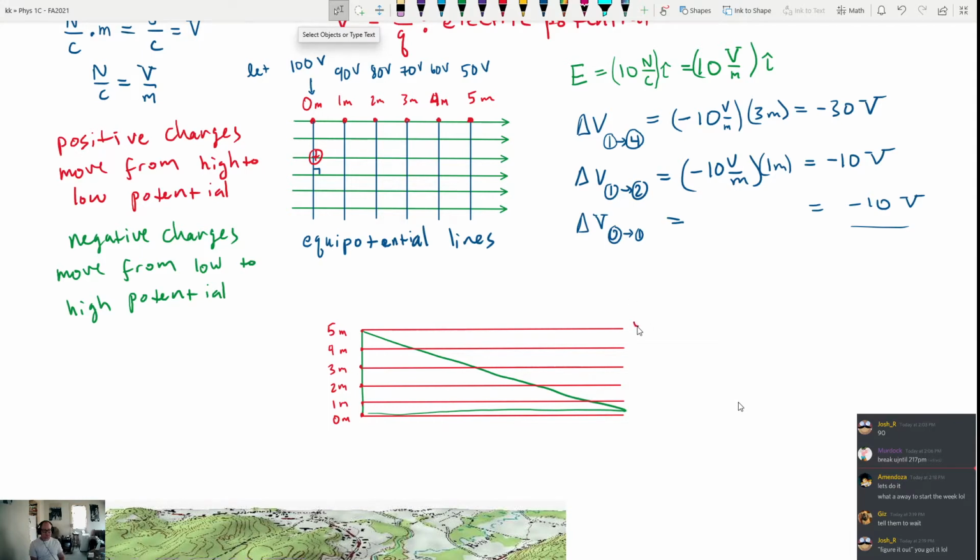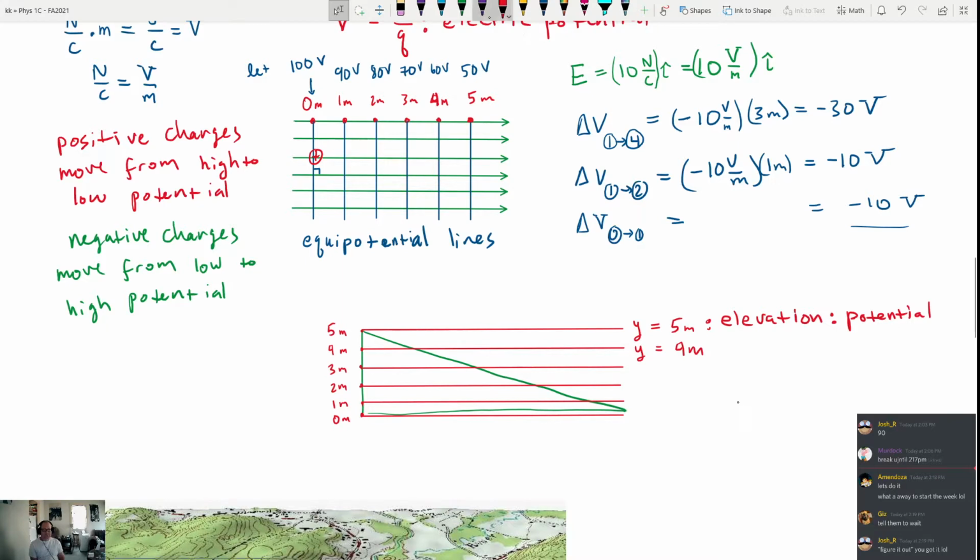So we say this is y equal to 5 meters, this is y equal to 4 meters, and so on and so forth. These lines right here are a line along which the potential, or the elevation, is equal. We'll just say the elevation is similar to, or corresponds to, electric potential lines.